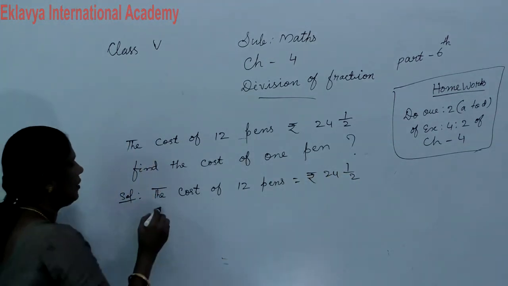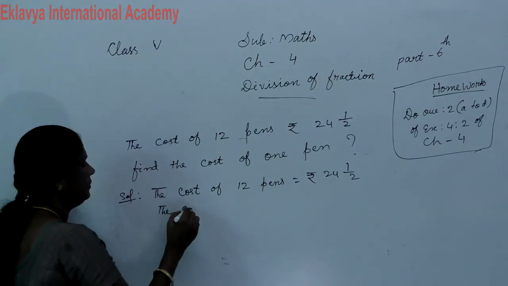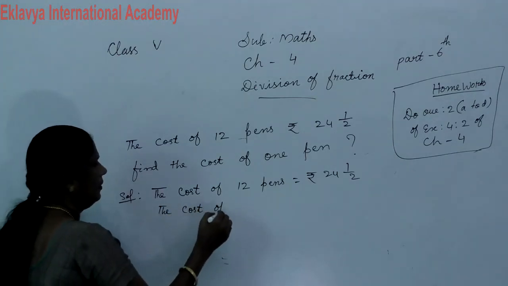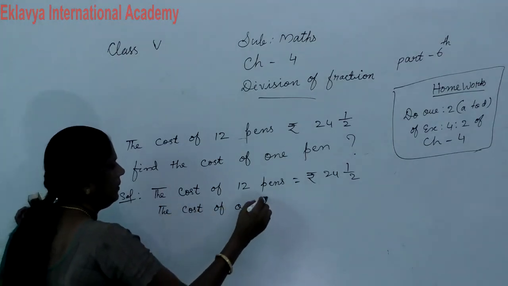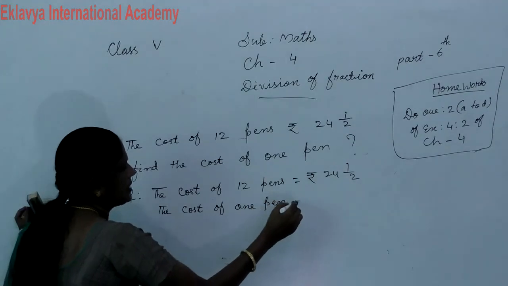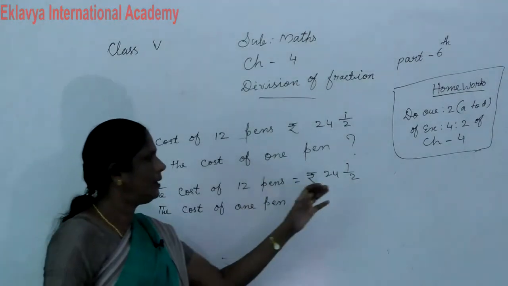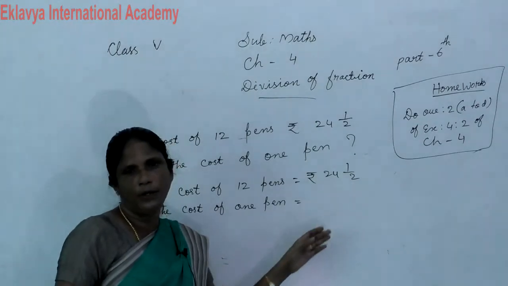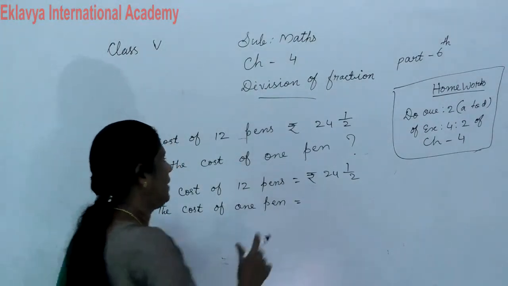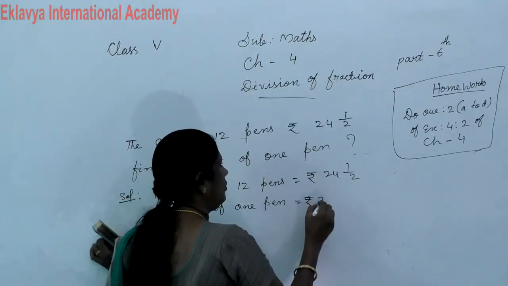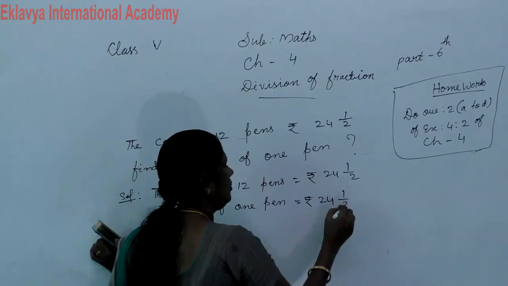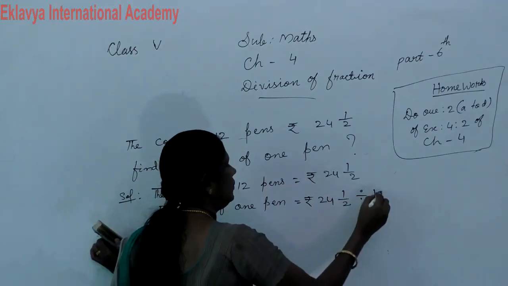Next, the cost of 1 pen is equal to, rupees come first, okay, rupees 24 1 by 2 divide 12.